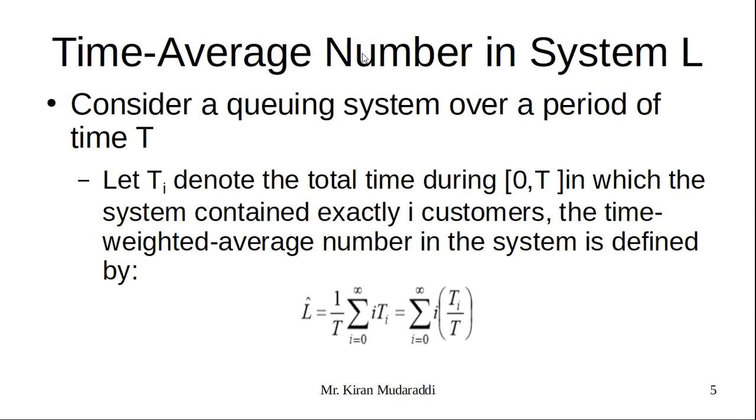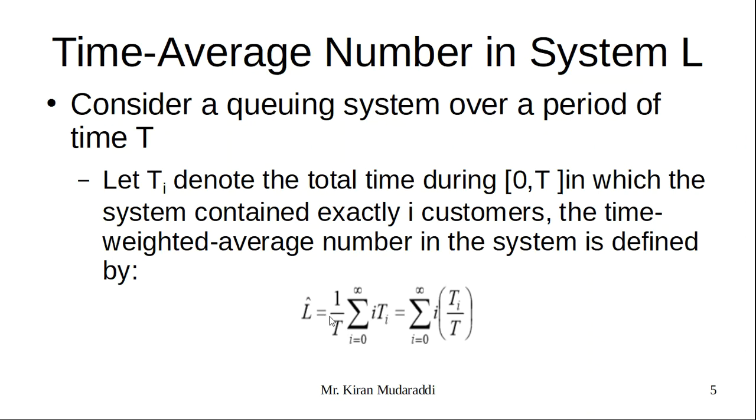Let us move ahead with the time average number in system, that is L. Consider a queuing system over a time period T. That means it begins with time 0 and ends with some time T, in which a system contained exactly i customers. You will come to understand these while solving examples. The only thing is we need to remember these formulas.